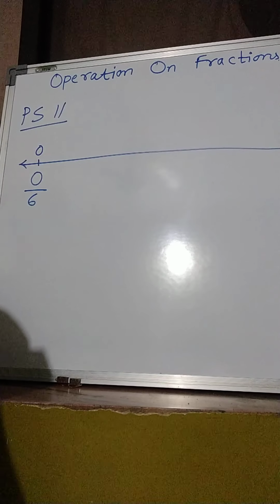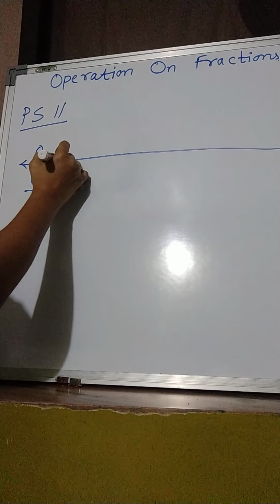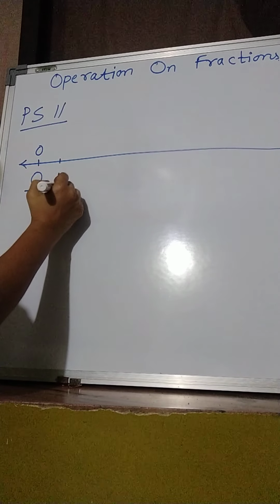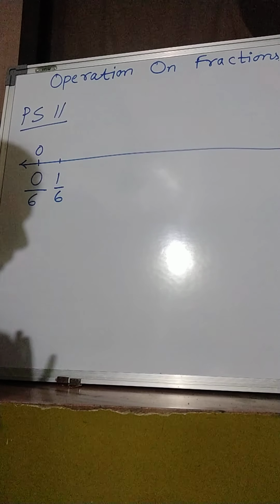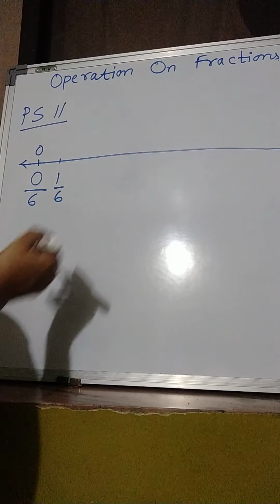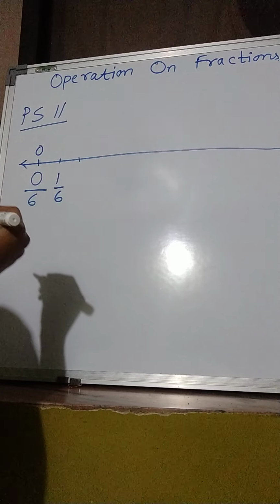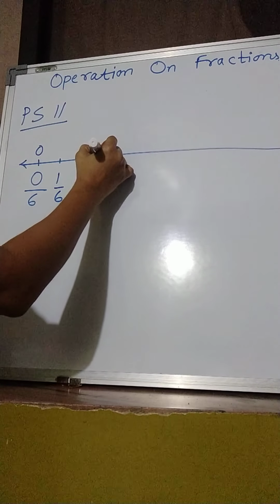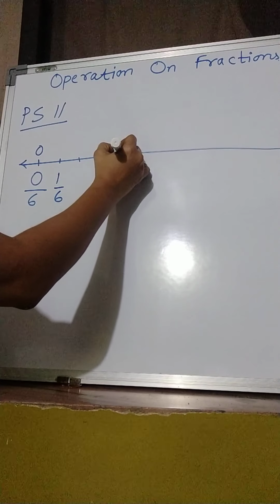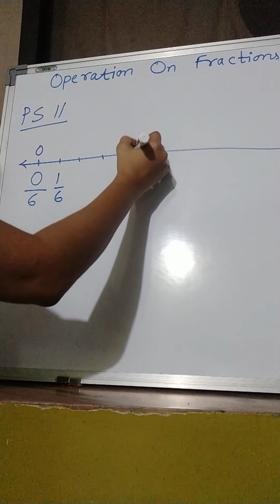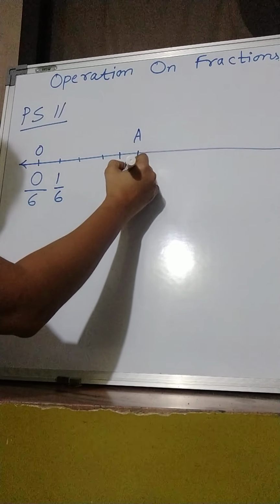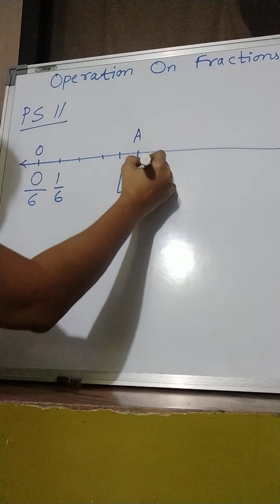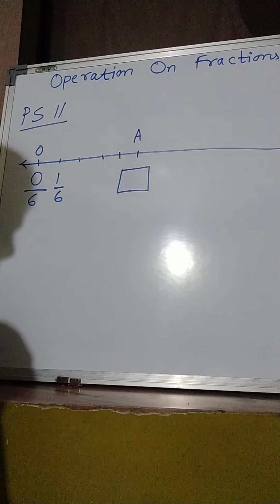The next after 0, which number is coming? 1 upon 6. The denominator will be the same. Then 2, 3, 4, 5. On the 5th place A is written and the empty box is there, right?